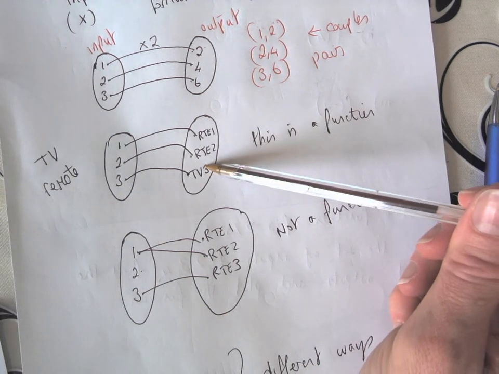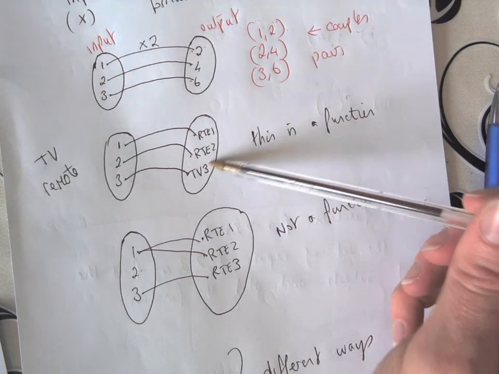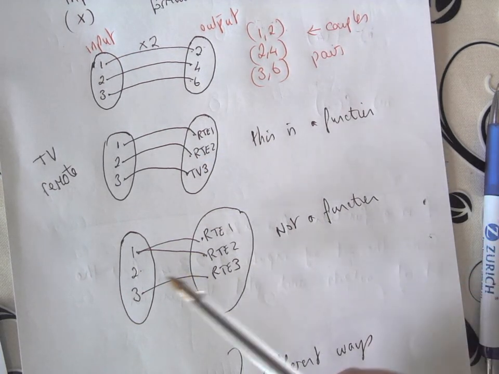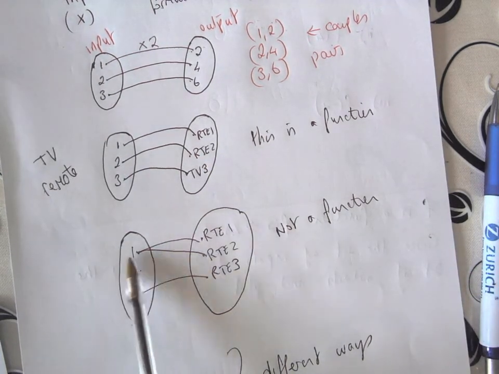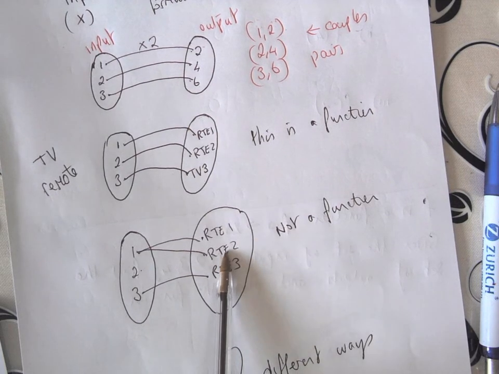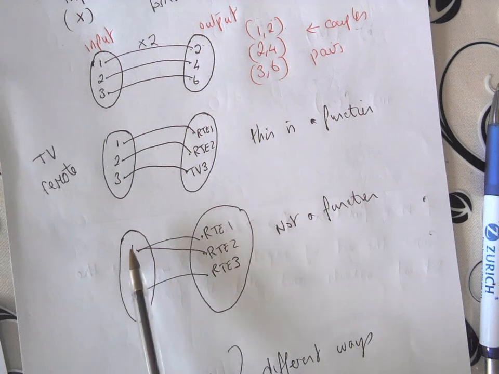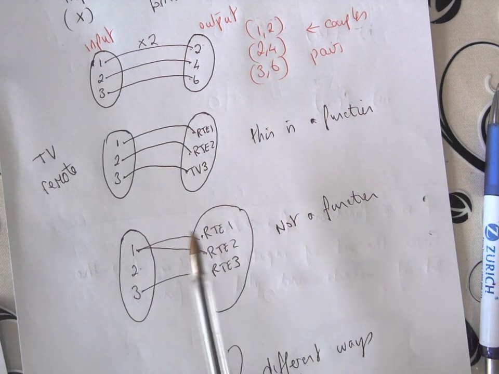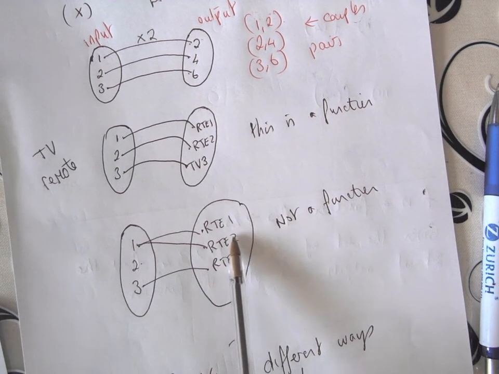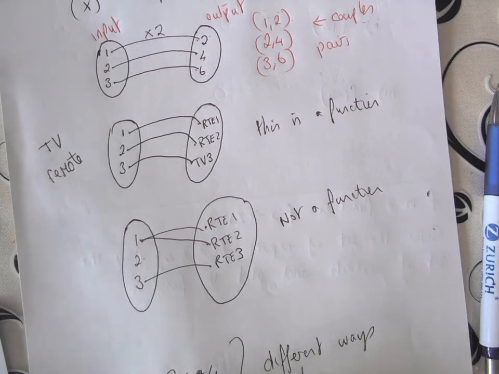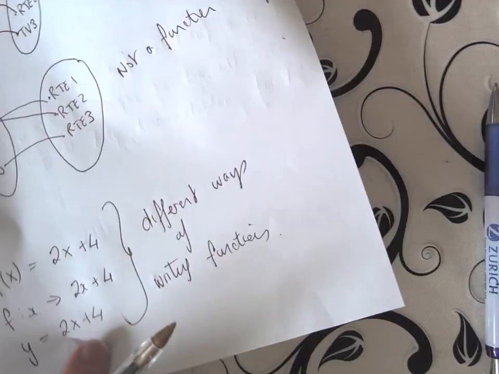That's all fine, because that can happen on our TV remote. So this is a function. Here, this cannot happen. When I press 1, I can't get 2 channels. So if I have 1 going to RTE 1 and 1 going to RTE 2, then it's not a function because I can't have one input going to 2 outputs. That's how we distinguish whether it's a function or not.